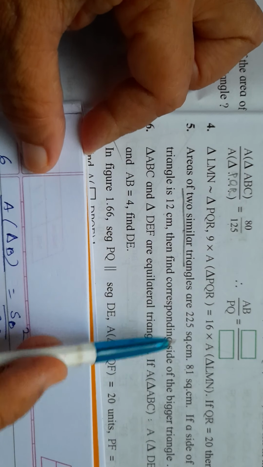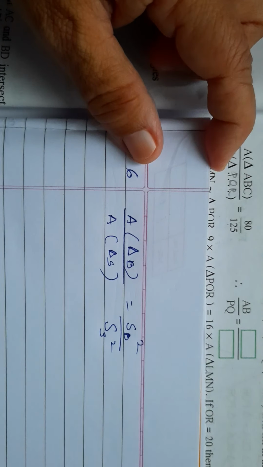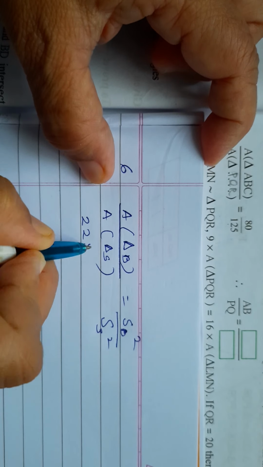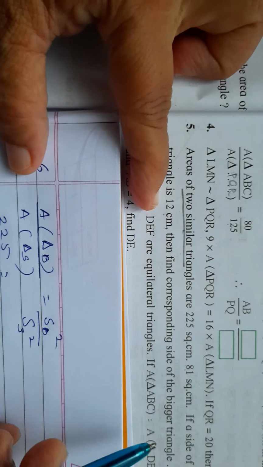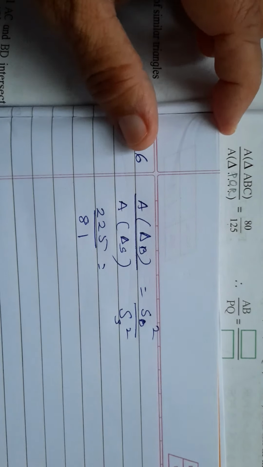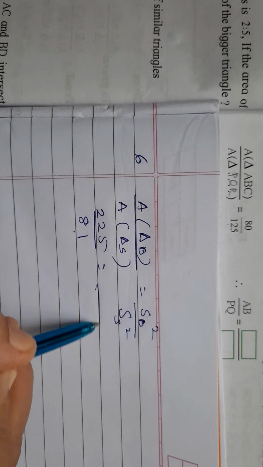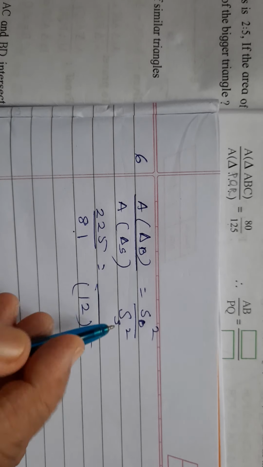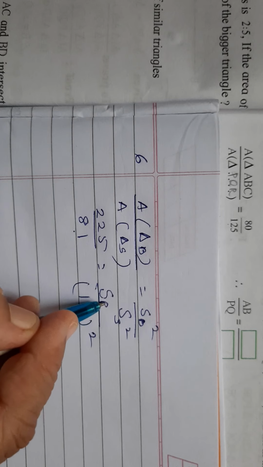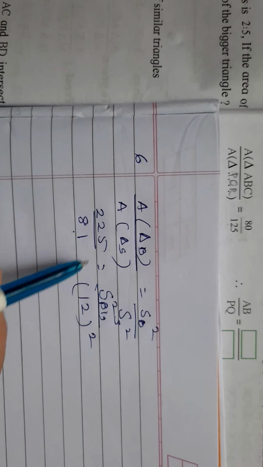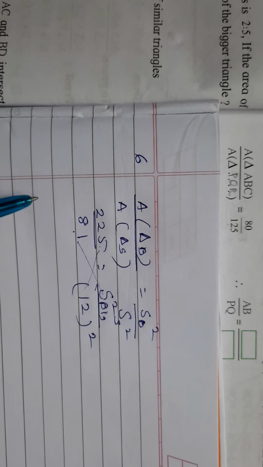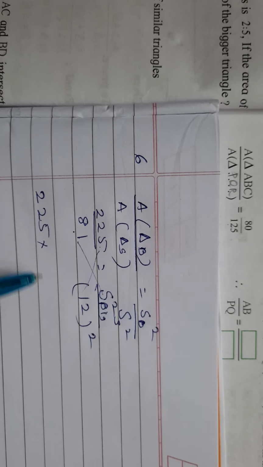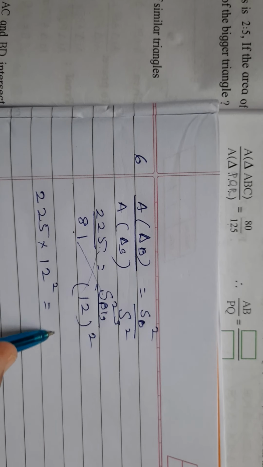Now, bigger 225 is bigger, so I will write down 225 upon 81 is equal to the side of the smaller triangle, which is given as 12. So I will write 12 square at the base, and we have to find the side of the bigger triangle. So we cross multiply: 225 into 12 square equals 81 times the side of the bigger triangle squared.